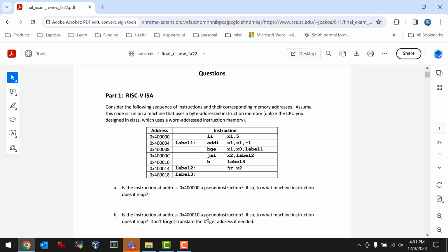Is the instruction address 400,010 a pseudo instruction? That's a branch. Is there a branch instruction? There's not. There's no branch instruction in RISC-V. That would map to jump and link instruction, where the link register is register 0.